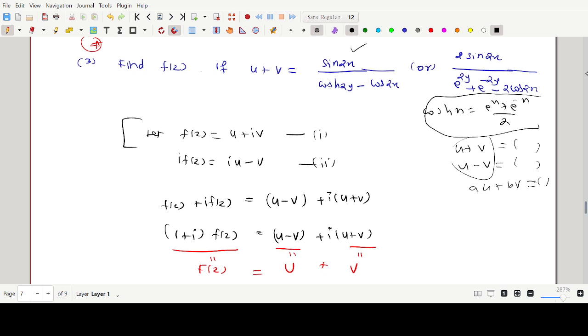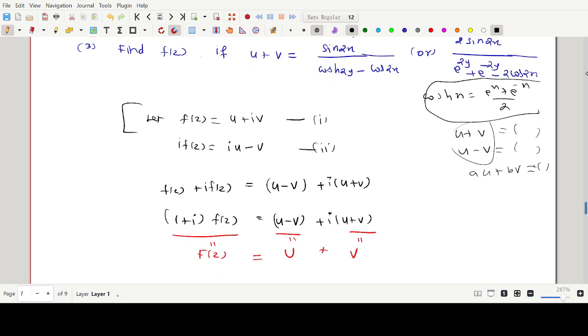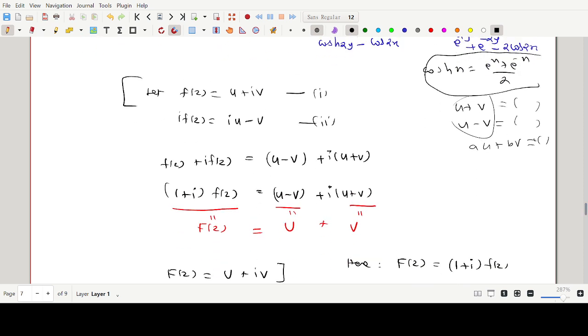What happened here? The sum of two harmonic function values is defined. So they are asking to find the corresponding analytic function f of z. In this type of problem, how to solve it? By the conversion method. You know, everyone, f of z is equal to u plus iv, right? And I can multiply by i on both sides. In that equation 1, I get i f of z equals iu minus i into i square value minus 1, so minus v.